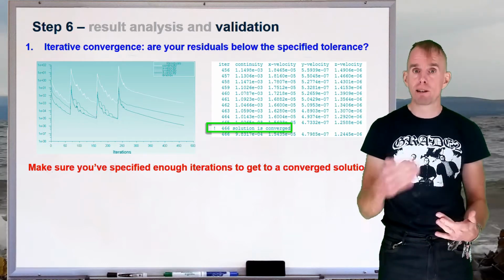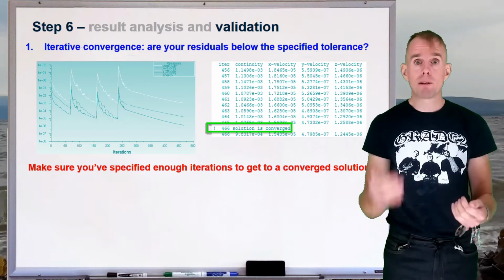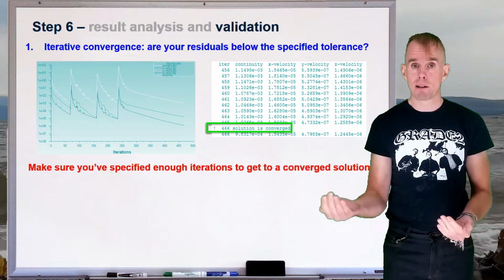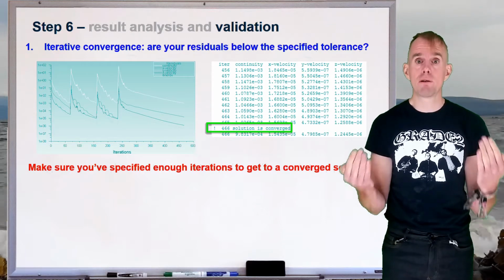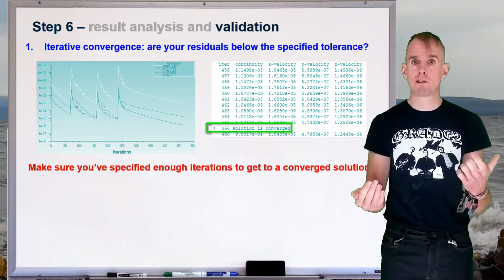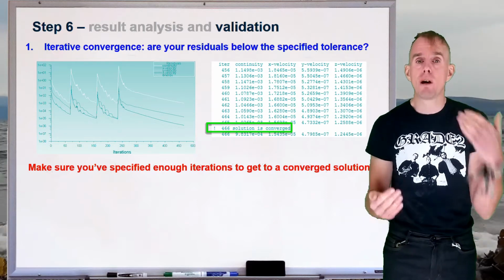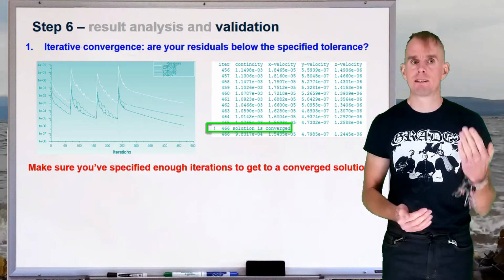Converging to 10 to the minus 5 might take a lot longer. In some cases, that tolerance may not even be reached. But if it is reached, compare 10 to the minus 5 and 10 to the minus 3. And if there's no significant difference, say within a few percent, then use 10 to the minus 3 because it's quicker to run, and you know at that point that it is generating sufficiently accurate data.